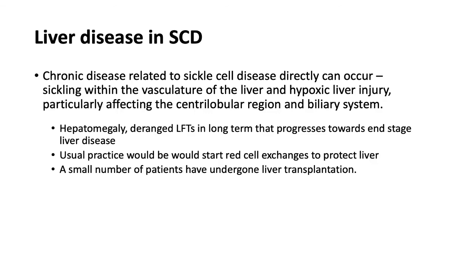Overall, only small numbers of patients progress to liver transplantation, partly because sometimes additional treatments such as red cell exchange stops the progress of the liver disease, but also there were a number of patients that unfortunately are not fit for liver transplantation due to other comorbidities which may or may not be related to sickle cell disease.